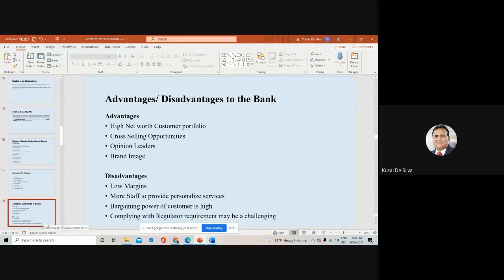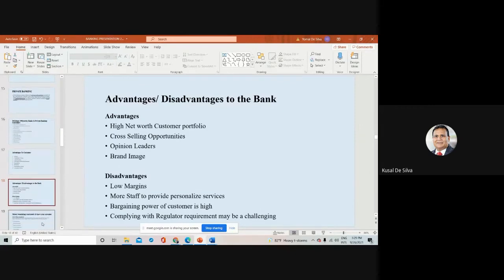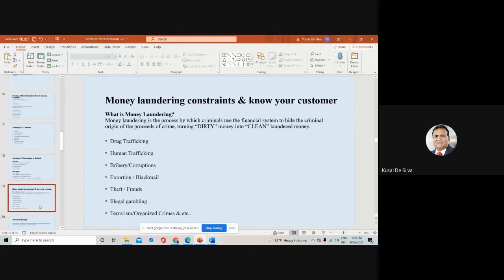But in future, banks will have to come up with some kind of control, or call recording or something, to safeguard their side for these kinds of requests. Then money laundering, constraints and know your customer are the other areas.